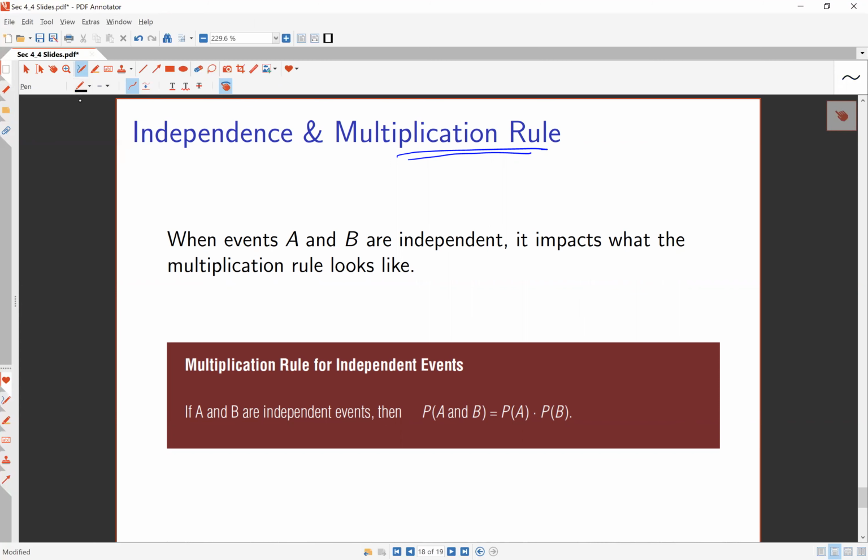Remember, the general multiplication rule said the probability of A and B is equal to the probability of A multiplied by the probability of B given A. Well, if we have independence, this probability of B given A is just equal to the probability of B. And so that means the probability of A and B is now just the multiplication of the two individual probabilities, P of A times P of B.